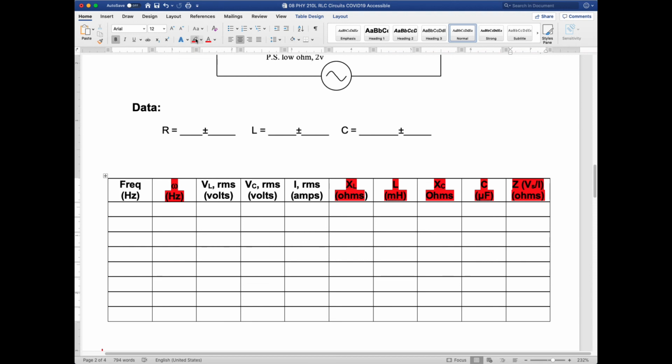We're also going to get omega naught from these values, and also from the curve fit. You want to compare.